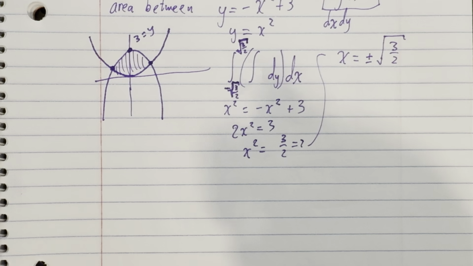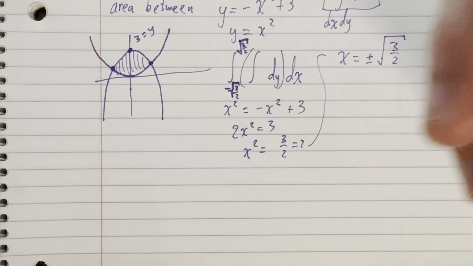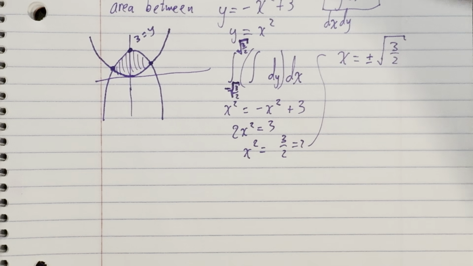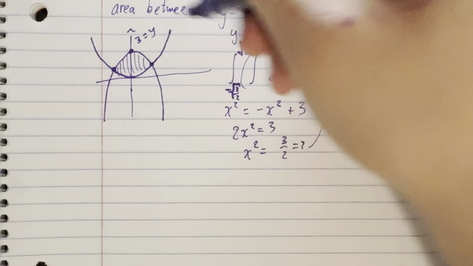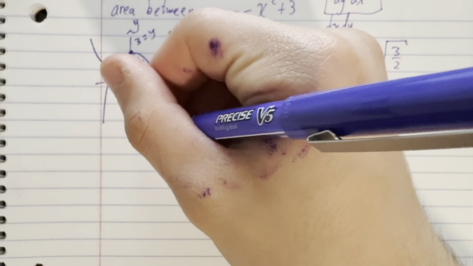Okay? All right, now what about our y? Our y is going to be a function of x, okay? So we have to pick our favorite line, and this line has to be parallel to the y-axis, pointing in the same direction as the positive y-axis. So this is the y-axis, this is the x-axis. So we're going to choose this line right here.